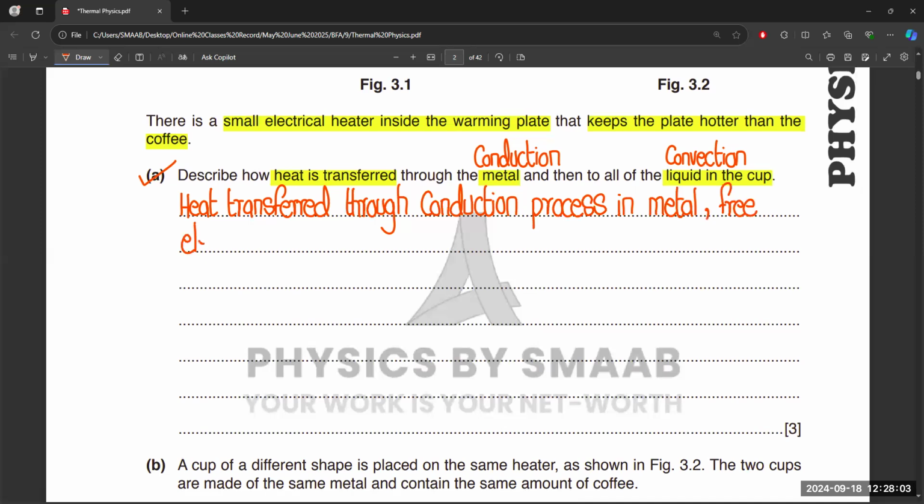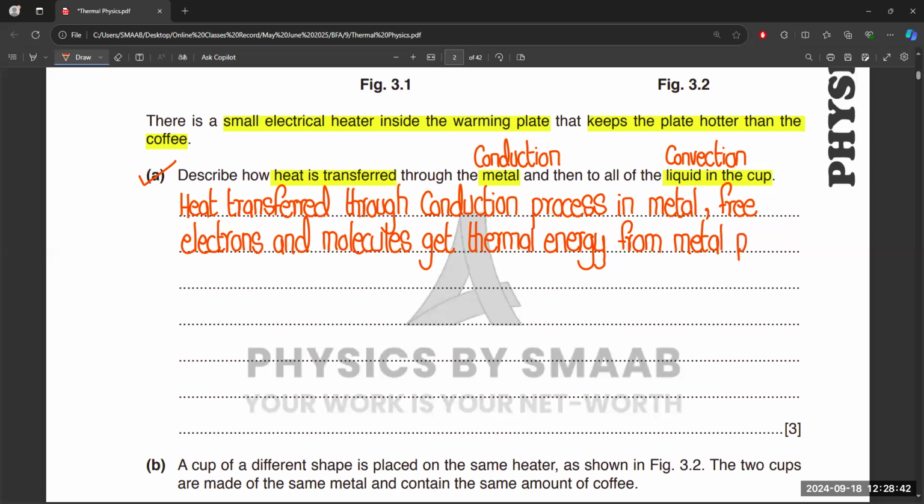Free electrons and molecules get thermal energy from the metal plate.